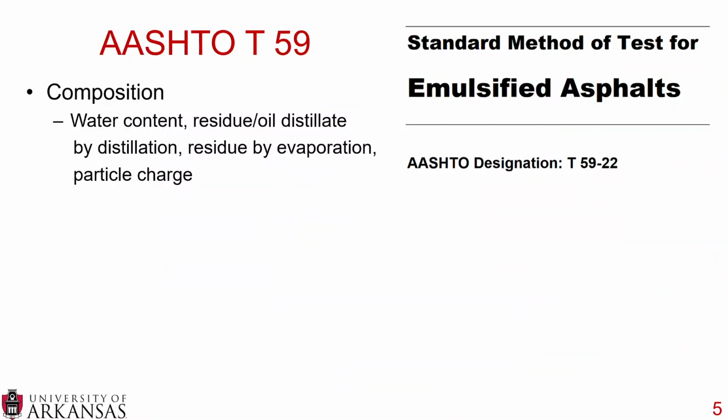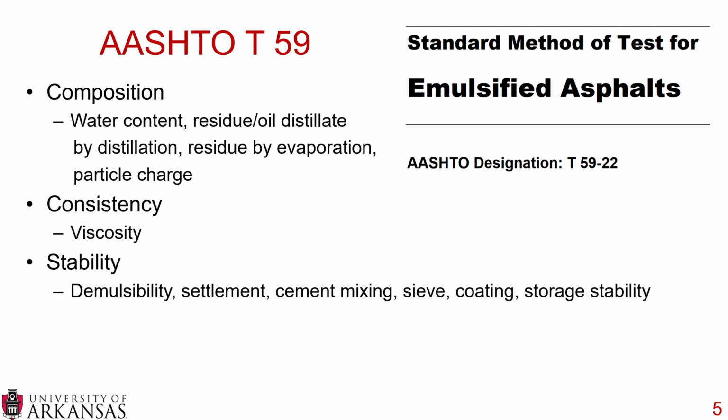AASHTO T59 can be divided into 4 general sections. You have the composition section. In the composition section, it tells you how to measure the water content, the residue and oil distillate by distillation. It has a residue by evaporation, and it has a particle charge in T59. In the consistency section, they have viscosity, specifically Saybolt viscosity.